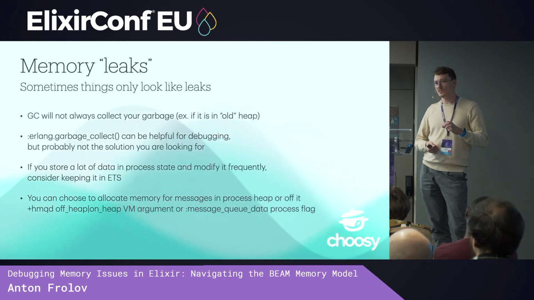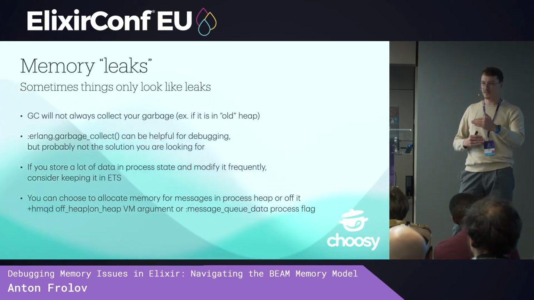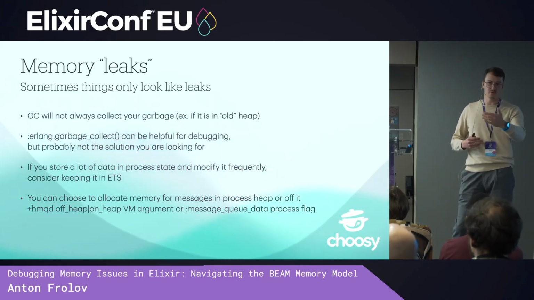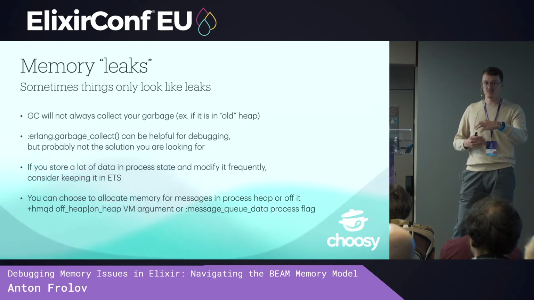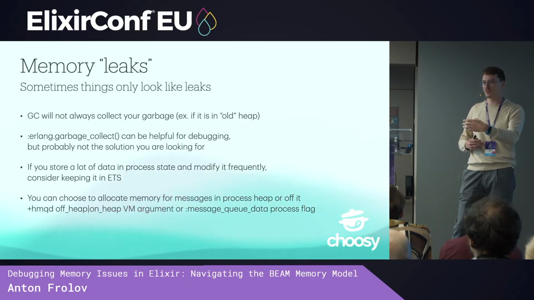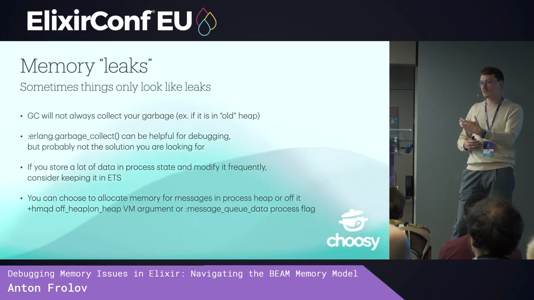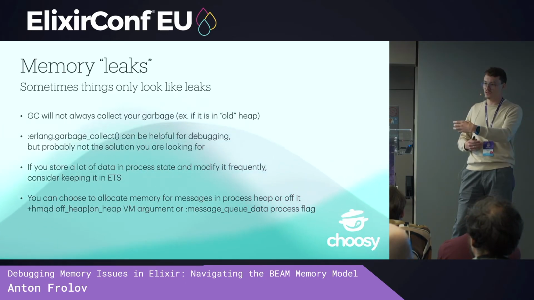Another much more interesting example. You know, processes have their message box, but did you ever wonder where these messages actually reside? For the most part, this is the default behavior. When you send a message to the process, the BEAM has to allocate some memory for this message, and it's going to do it in the destination process heap.